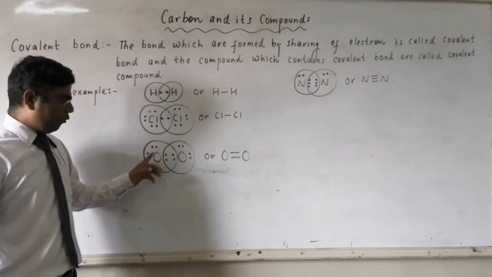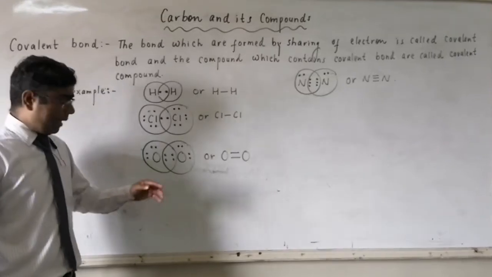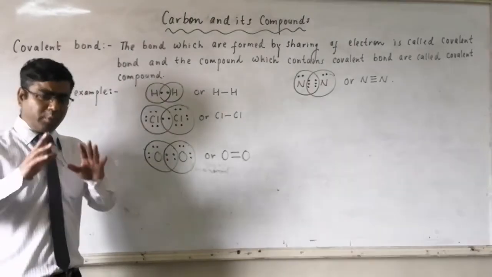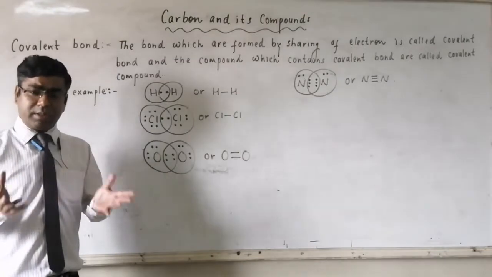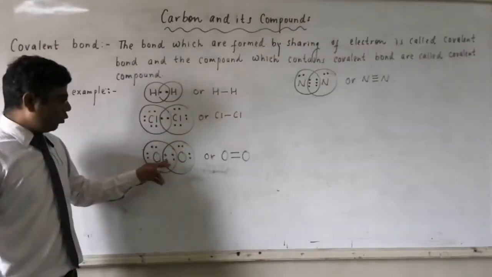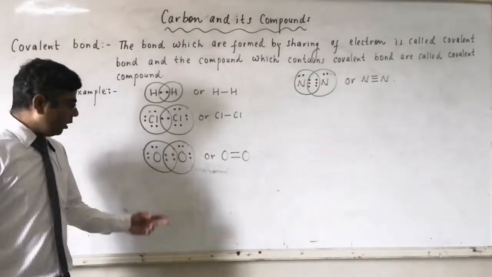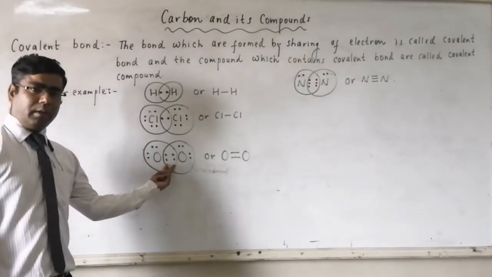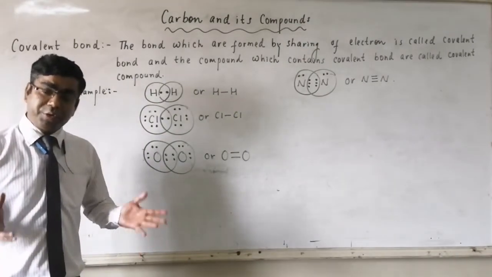Electrons contributed by the first oxygen atom for sharing. 2 electrons by the second oxygen atom contributed for sharing. Total electrons in the oxygen valence shell 1, 2, 3, 4, 5 and 6. Other 1, 2, 3, 4, 5 and 6. Now these electrons are common to both oxygen atoms because they are involved in sharing.